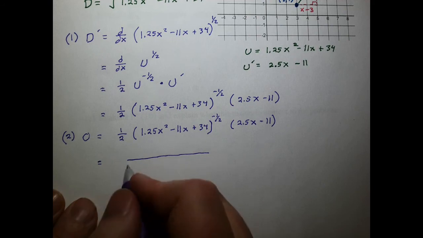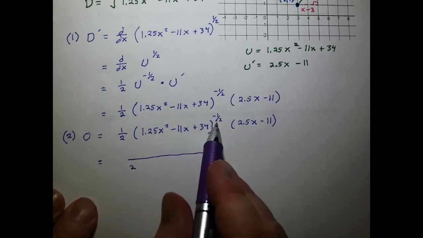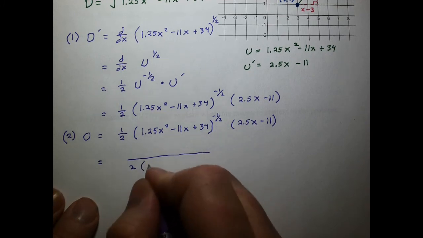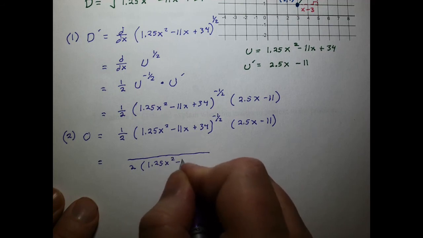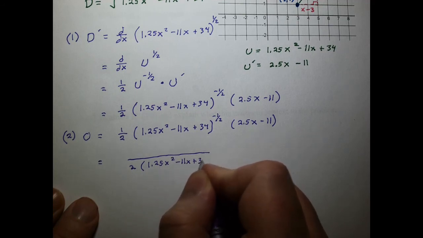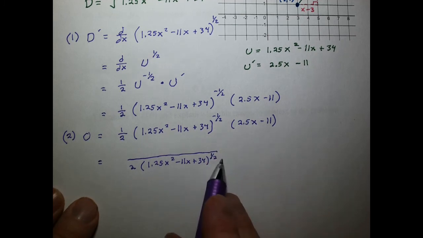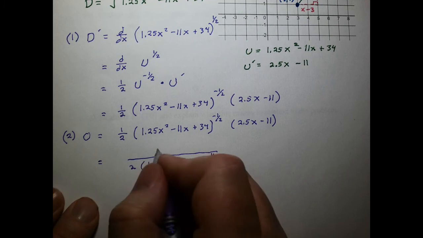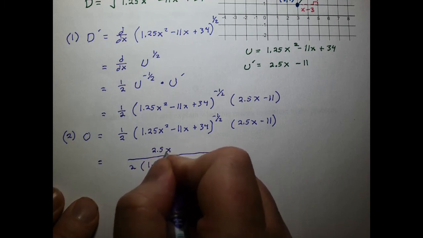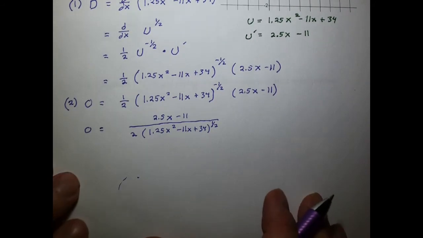So 1/2 means 2 is in the denominator. This thing to the negative 1/2 means 1.25 x squared minus 11x plus 34 now to the 1/2 power is in the denominator, because that's what that negative exponent tells me. And then this will stay in the numerator. So 2.5x minus 11, all of that equals 0.